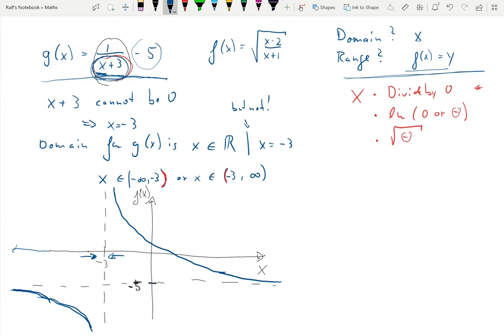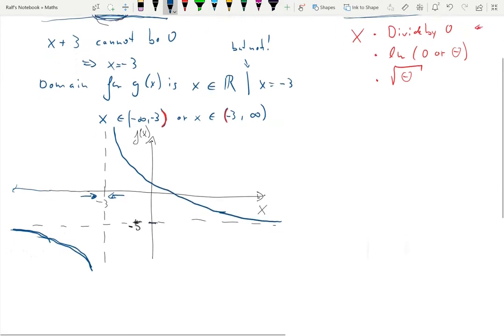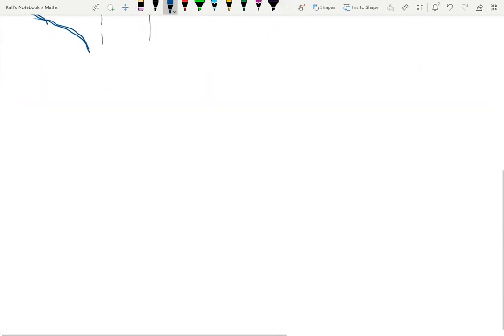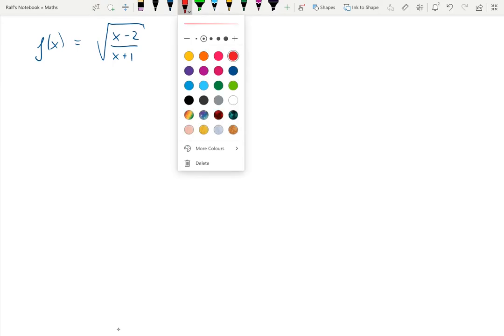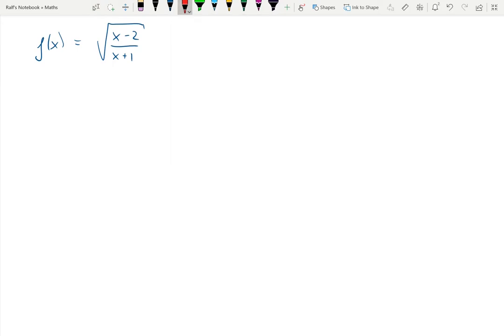Let us move on to the second function, the f of x function, and we're going to replicate it here again. So we're having f of x is equal to square root of x minus 2 over x plus 1. So the two things we got to be aware of here, and this is a slightly more advanced question, what we need to be careful is that we are not dividing by 0.